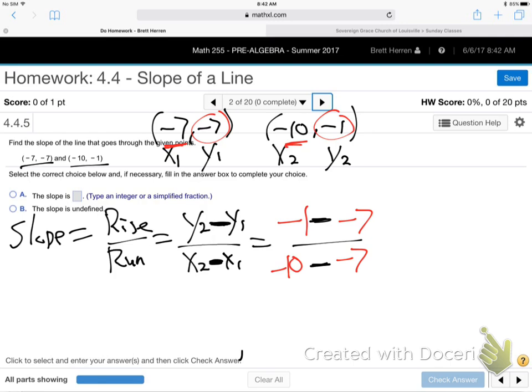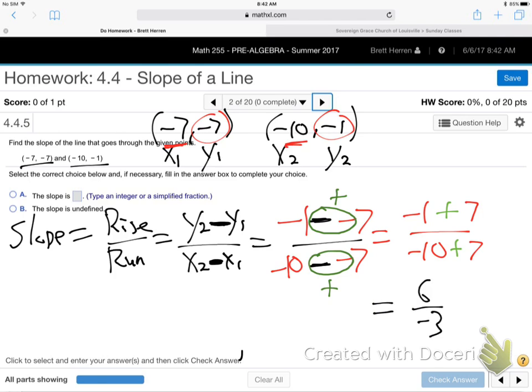So these two will become positive, and these two will become positive, won't they? So we get negative 1, negative 10, 7, and positive. That good to there? And then that answer is what? 6 over negative 3, which equals negative 2. We're done. Did you track with all that? Lot of negative signs there.